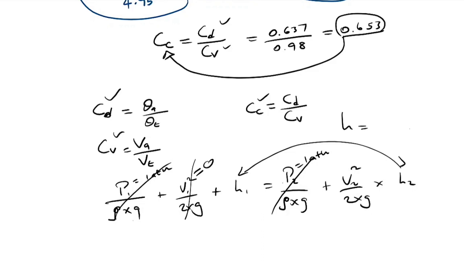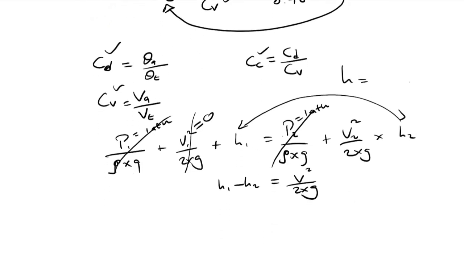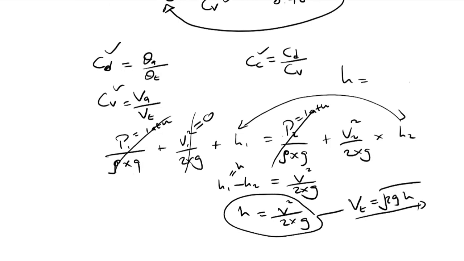That means this side is cancelled. Then height 1 minus height 2 is equal to what we are left with, the velocity squared divided by 2 times g, like this. Then this is equal to the pressure head. When you rearrange this, it's going to give you the velocity.